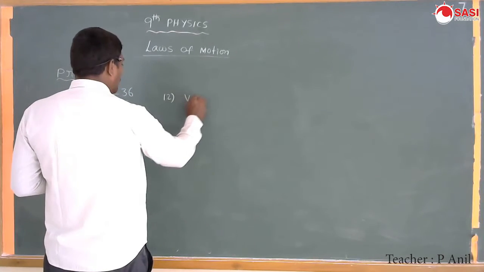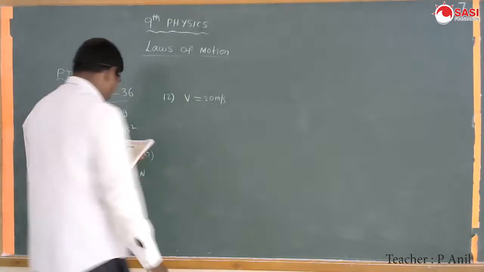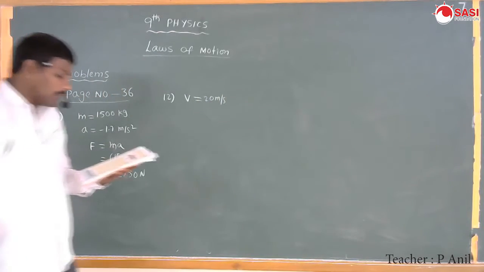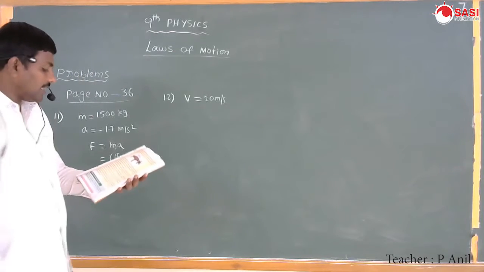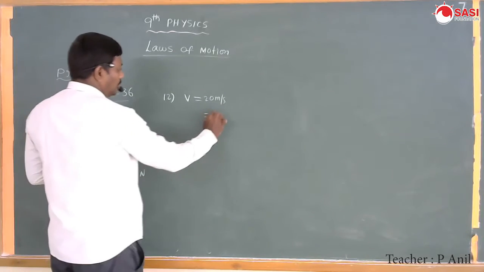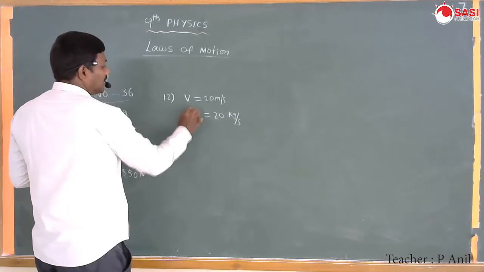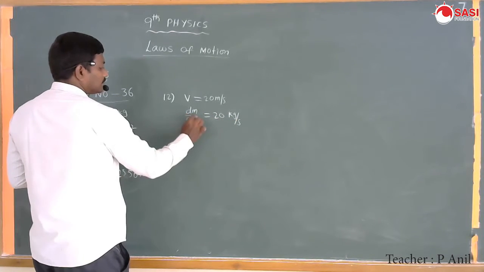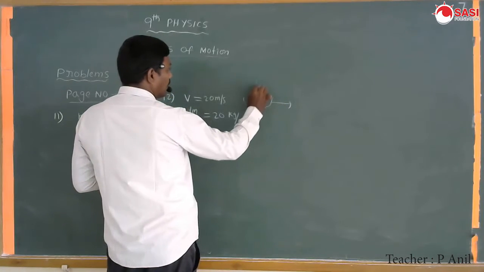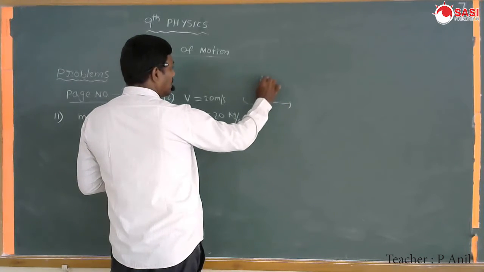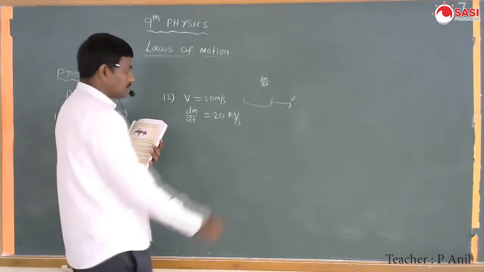Sand falls on the truck at the rate of 20 kg per second, that means dm by dt. Truck is moving like this. Sand is falling like this at the rate of dm by dt. This is the velocity of the truck, V.